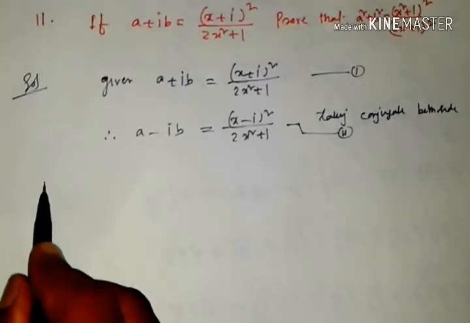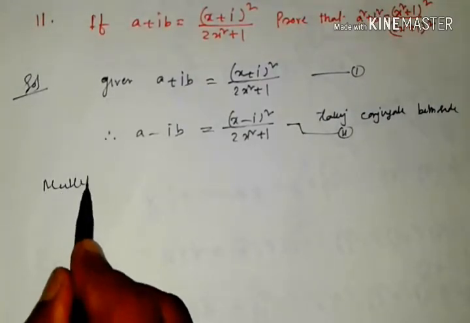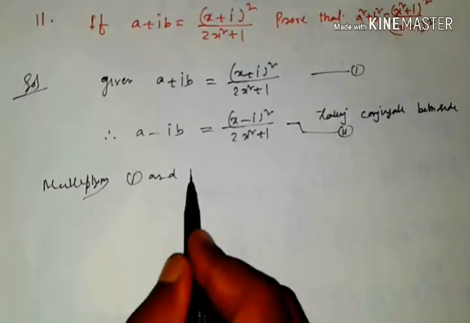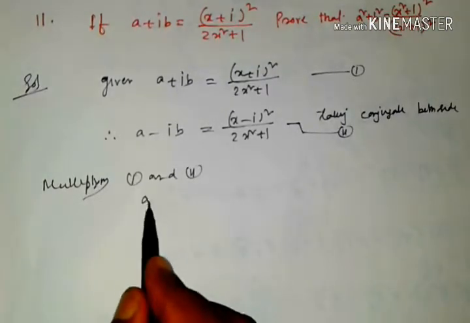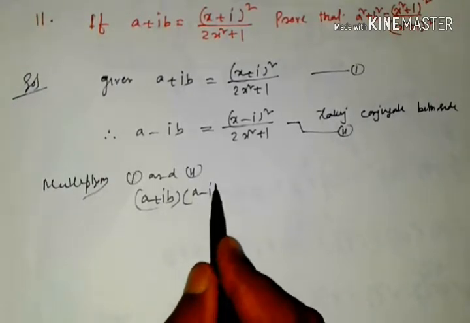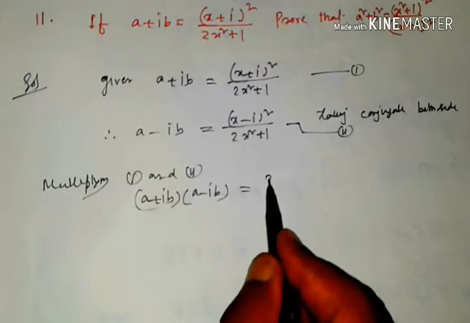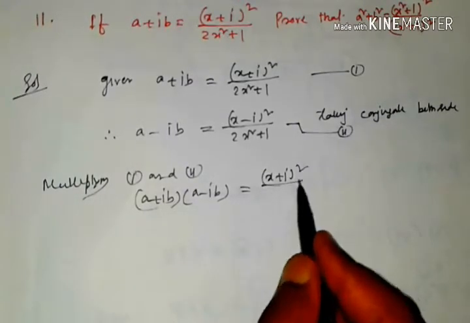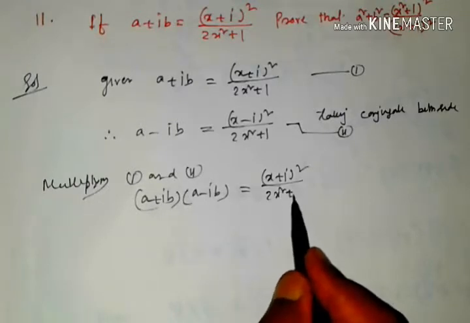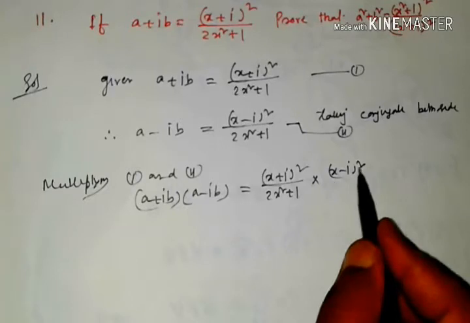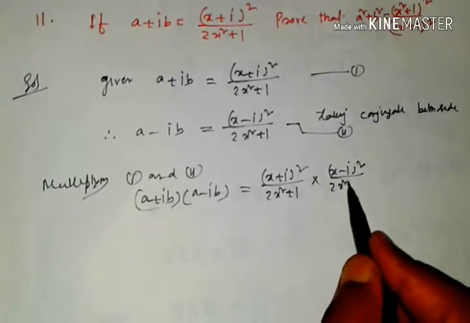Multiplying 1 and 2: a plus ib into a minus ib is equal to (x plus i) whole square by (2x square plus 1) into (x minus i) whole square by (2x square plus 1).